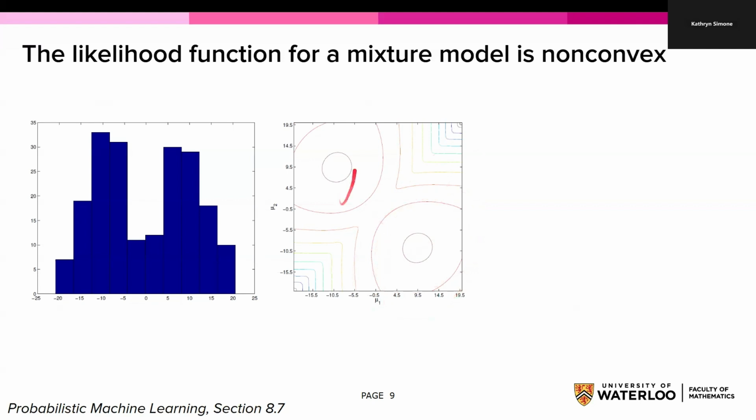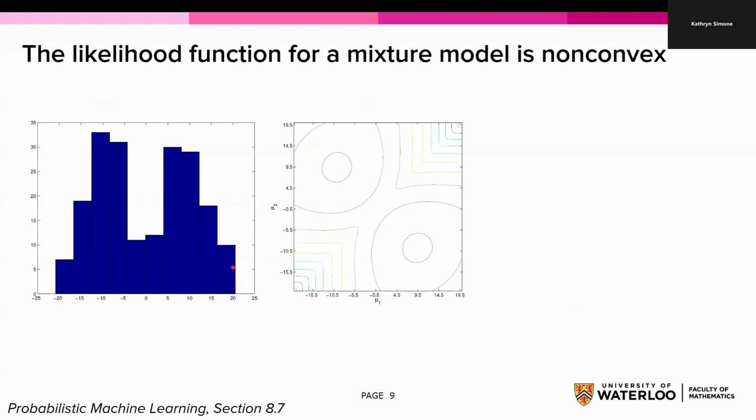And so what we can see here is that there's a clear symmetry in this surface. There's two maxima, two equally good solutions. So each peak corresponds to a different possible assignment of the clusters to the means. And so the symmetry exists because it doesn't matter which mode we call the first one or the second one.